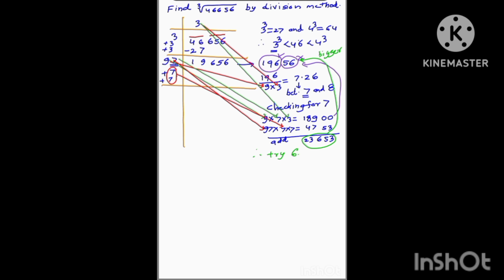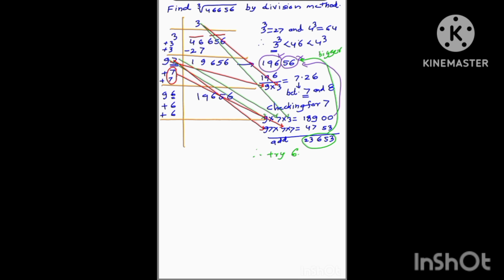So try 6. I am writing it again so that you will not get confused in a real exam or in practice. You need not write it, you can just check for 7 and then continue from the top only.